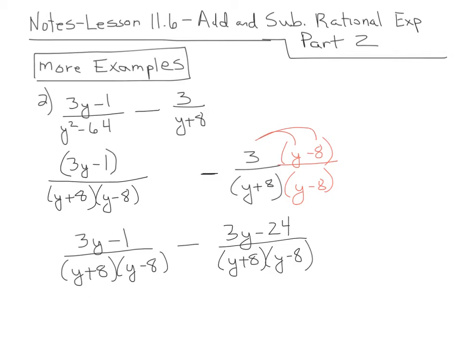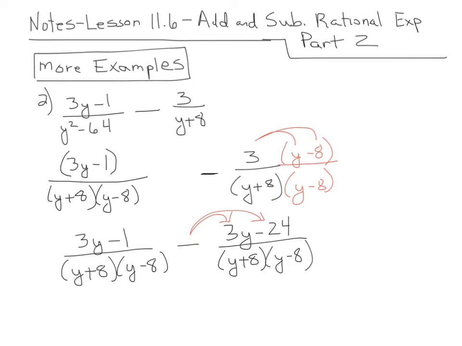The rule for adding or subtracting fractions is leave the denominator the same, leave it alone, and just add or subtract numerators. Now there's a subtraction here, so you have to remember to distribute the negative. Very important and a real common mistake kids make.